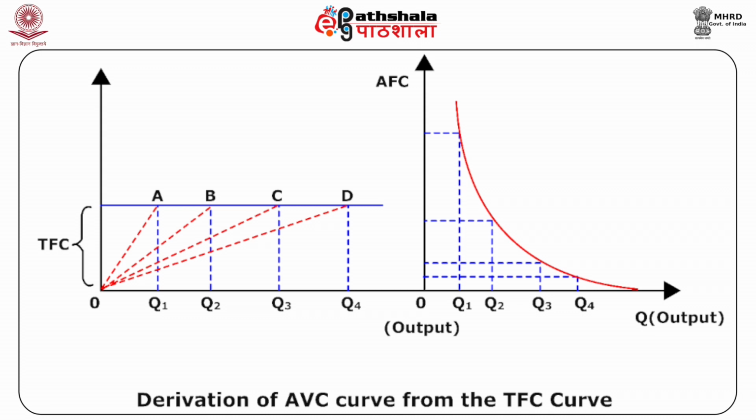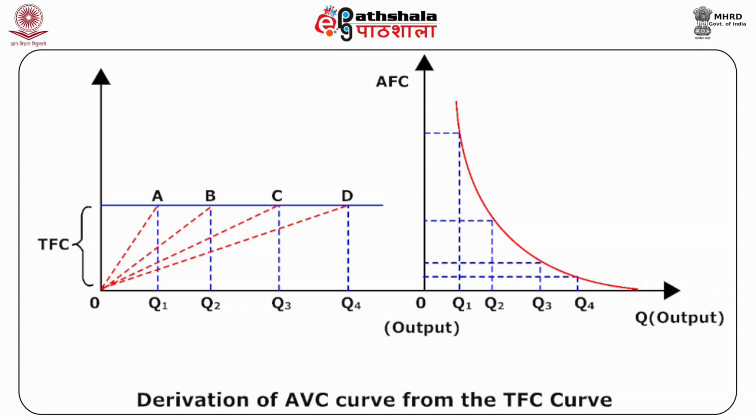Now, this has to happen in a certain manner. That is because the denominator on the x-axis is the quantity, and when quantity is multiplied by the average fixed cost, it should always be equal to the total fixed cost. Therefore, we have to have a geometric property that at each level of output, the average fixed cost multiplied by the quantity should always be equal to a fixed number, which is the total fixed cost. Now, a rectangular hyperbola has this property.